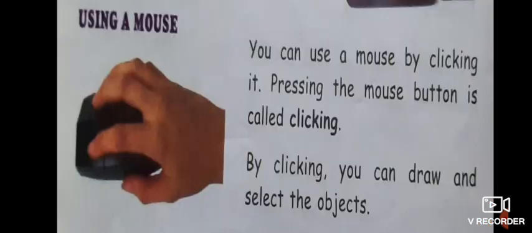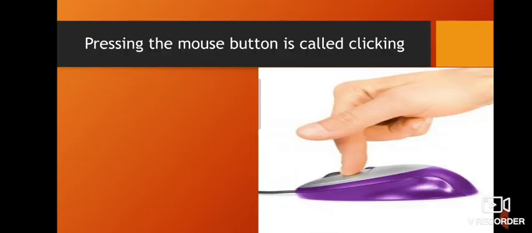Now next is using a mouse. You can use a mouse by clicking it. Pressing the mouse button is called clicking. Because mouse has two buttons, when you press one of the buttons, that is known as clicking.